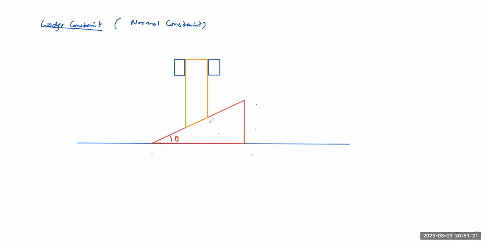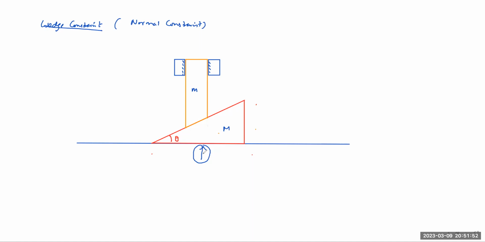So which normal is the internal normal reaction between the masses M and capital M? We do have a normal here, but is this the internal constraint? No, because this is not internal, it's external to the system, because M and capital M is our system and the ground is external to the system.